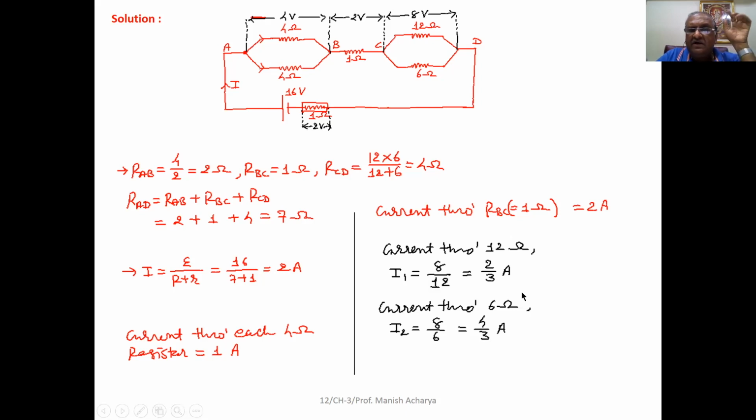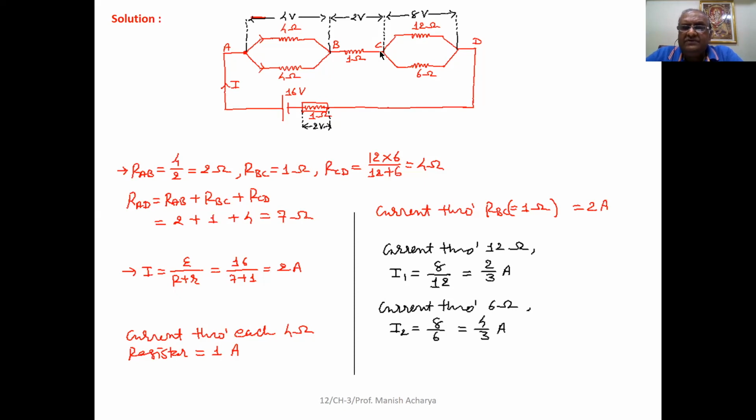So now the current through each resistor, potential difference across each resistor, the equivalent resistance of the network, everything is calculated. See, here across CD the potential drop is 8 volt, that we calculated here. And therefore, we calculated the current through 12 ohm and 6 ohm.